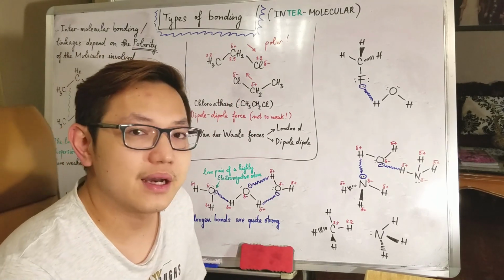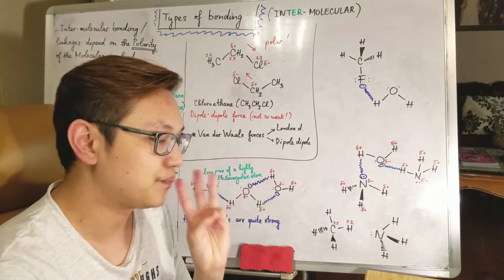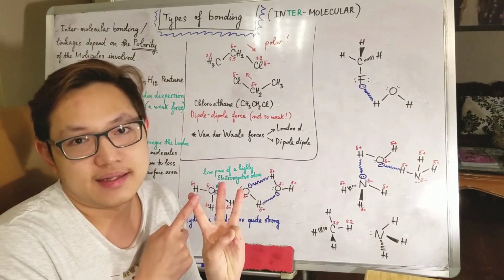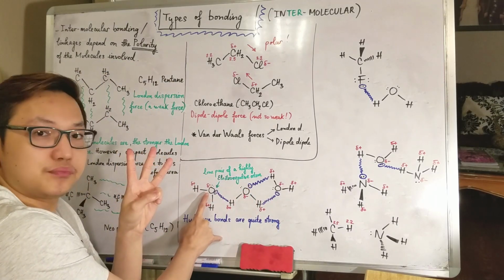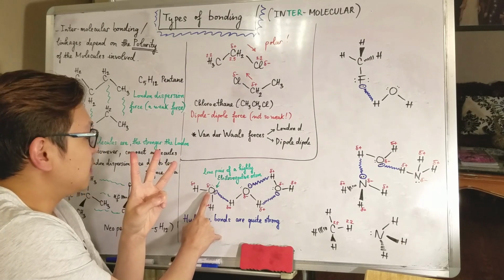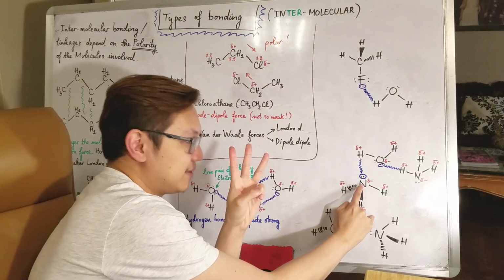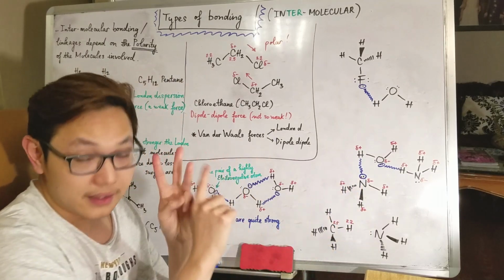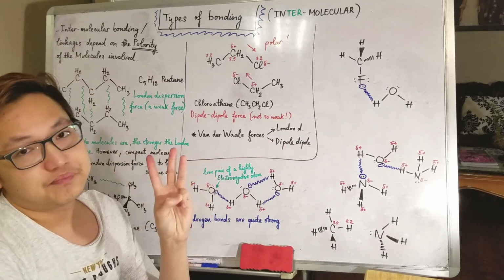All right, so I did mention there are 3 cases of hydrogen bonding. The first case is the lone pair of the oxygen. The second case is the lone pair of the nitrogen. And the third case is the lone pair of the fluorine. Be careful.